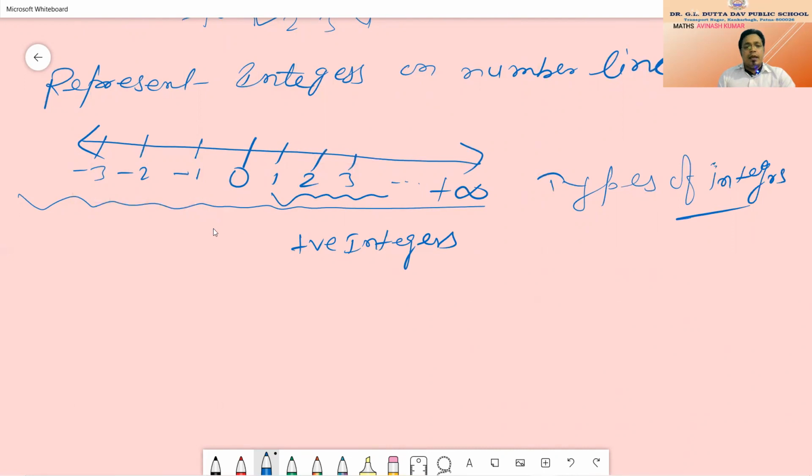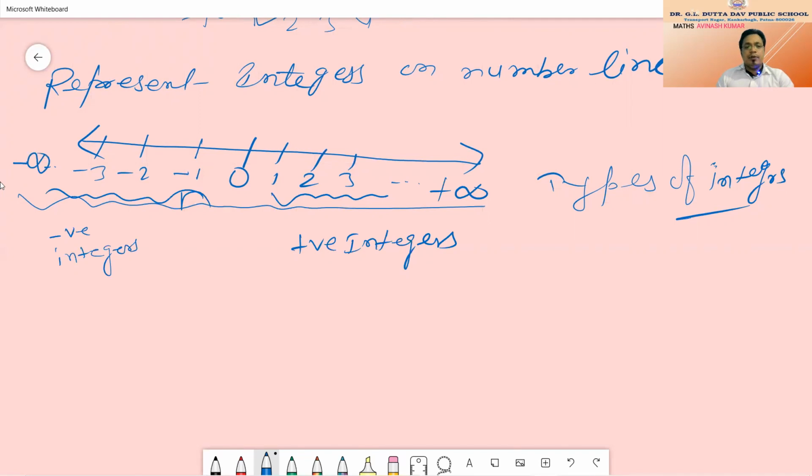Fine. And the negative side of the 0, these are called negative integers, going up to minus infinity.